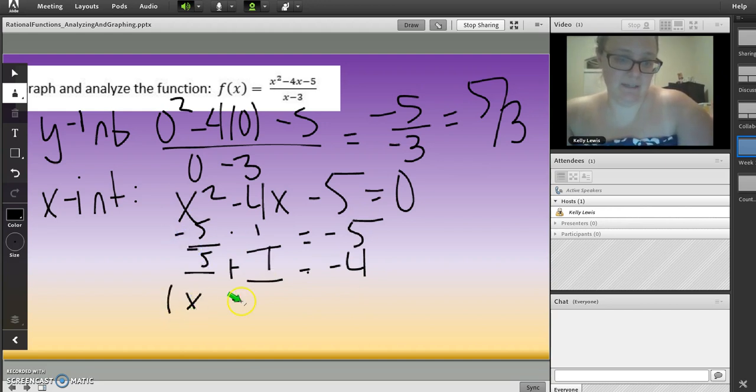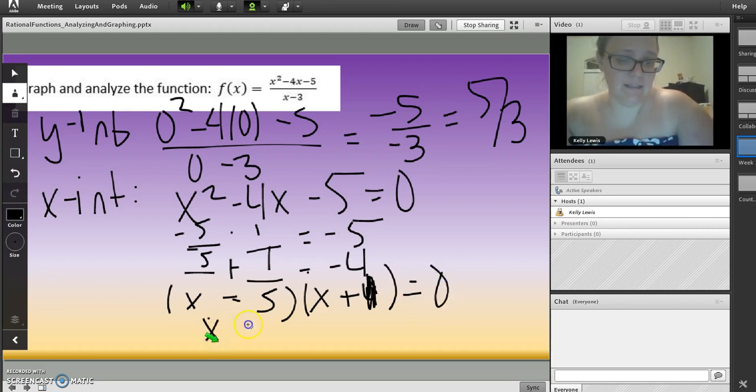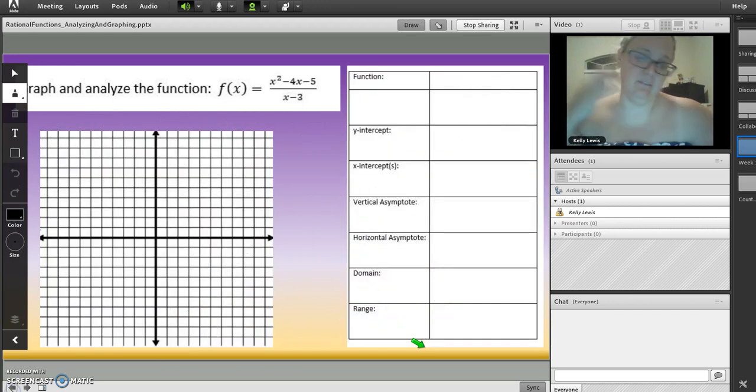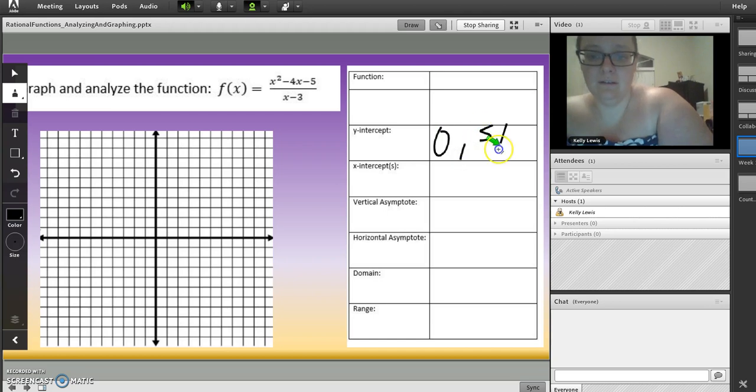So we get x minus 5, x plus 1. We're going to solve, and we're going to get x equals 5, x equals -1. 5, -1, 5/3.